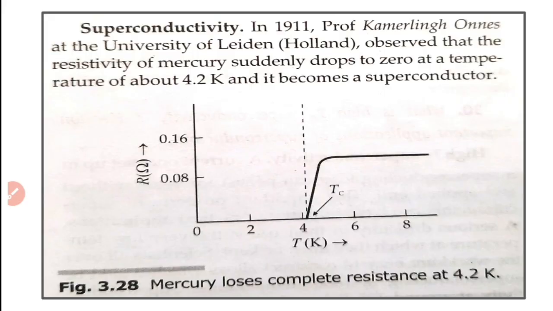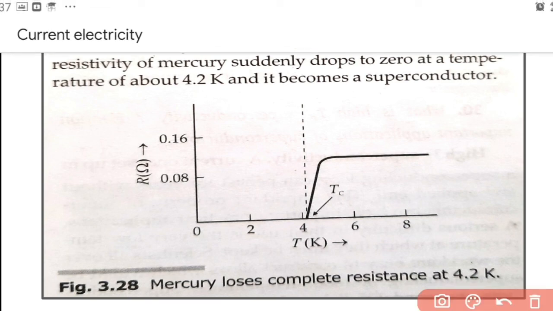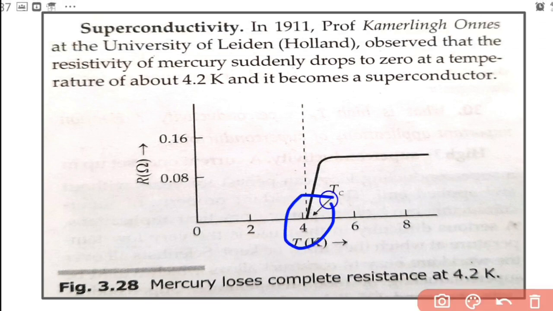Superconductivity was first observed for mercury at a temperature of 4.2 Kelvin. This graph you should also note down. Once this graph was given and it was asked what it shows. From the graph, at 4.2 Kelvin, what about resistance?